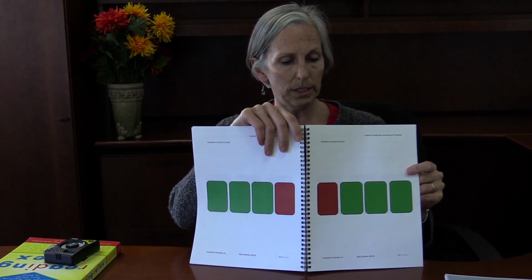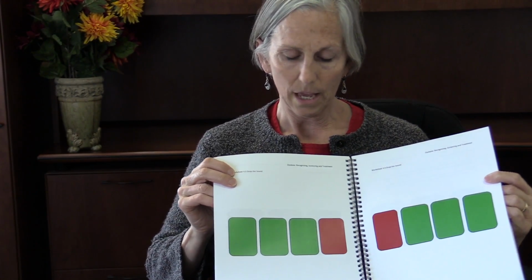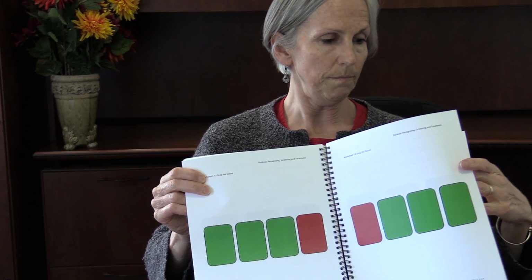If we were going to delete phonemes, now we'll use the same activity. So we might use this right here. I can hold it up like this. And this tells you to drop this sound, okay? And so we'll do it without the metronome.